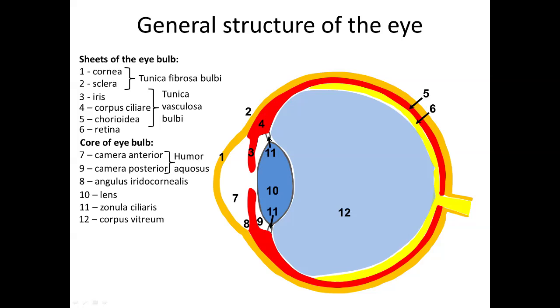Now let's try to enumerate the structures which are content of eyeball. So from posteriorly anterior, number 12 is corpus vitrum, number 10 is lens, and in camera anterior and posterior bulbi, humor aquosus.